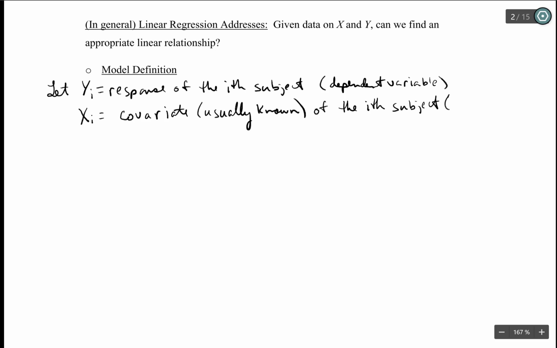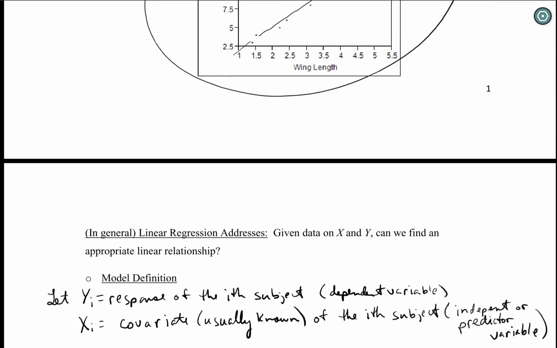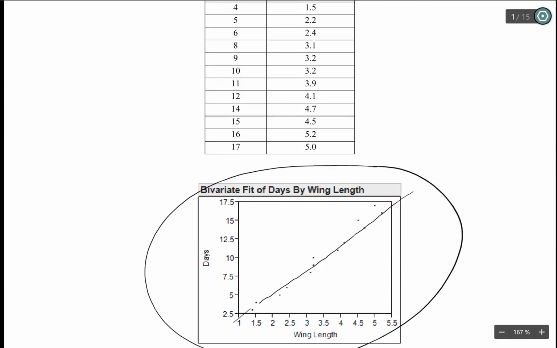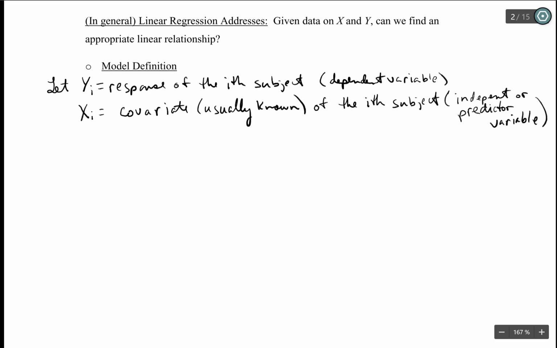Sometimes called the independent variable, or sometimes called the predictor variable. For our sparrow problem, the wing length is our covariate, or our predictor variable, or our independent variable. I'll use those ideas interchangeably.